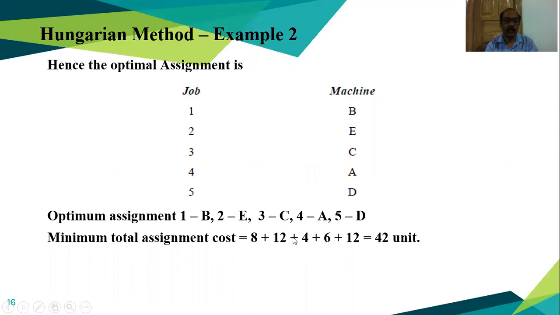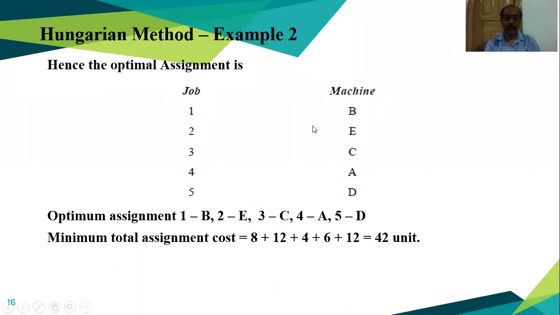That cost is 8 plus 12 plus 4 plus 6 plus 12 is equal to 42. This is our optimum table, this is our minimum total assignment cost, and this is our optimum assignment.